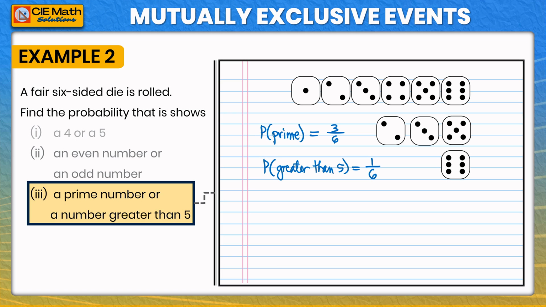So if you are getting then the probability of getting a prime or a number greater than 5, we will then have to add the two probabilities. So the probability of getting a prime is 3 over 6. The probability of getting a number greater than 5 is 1 over 6. That will give us 4 over 6, or in simplest form, 2 over 3.